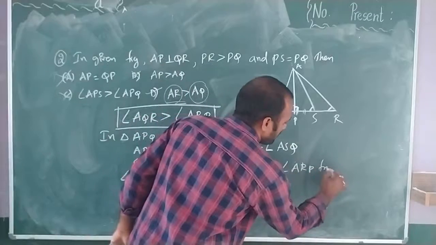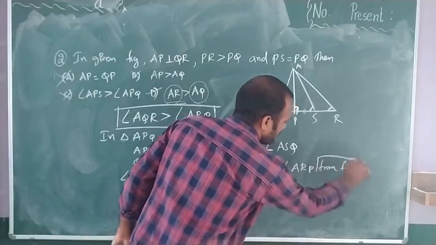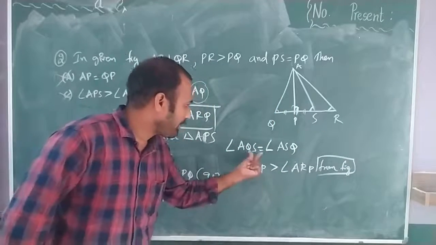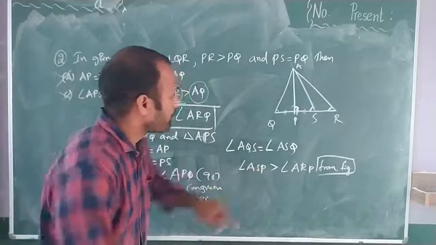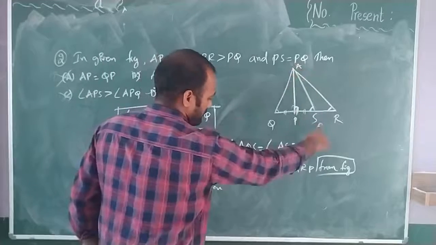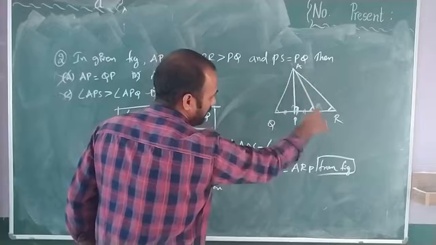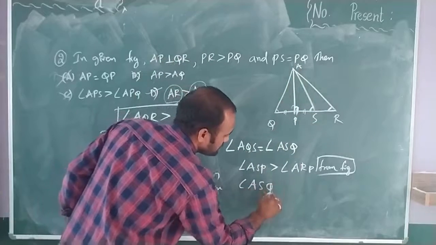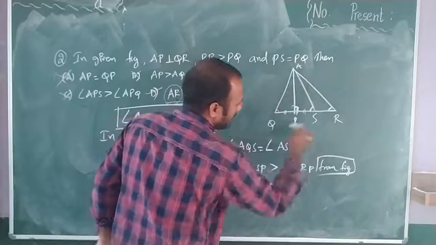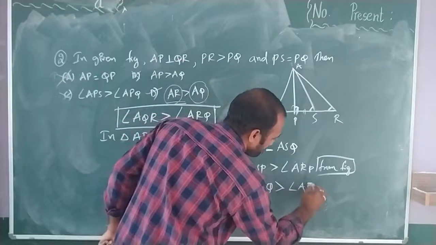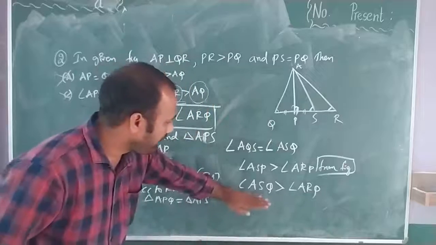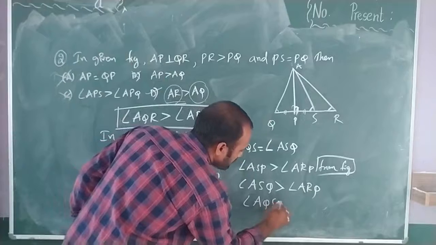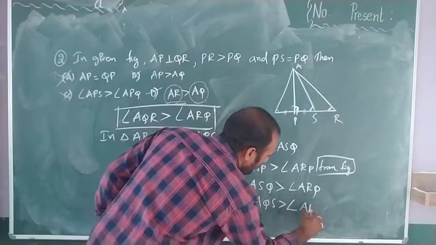So from the figure, I will replace it by ASQ. Angle ASQ is greater than angle ARQ. So instead of ASQ I can write AQS. So angle AQS is greater than angle ARQ.